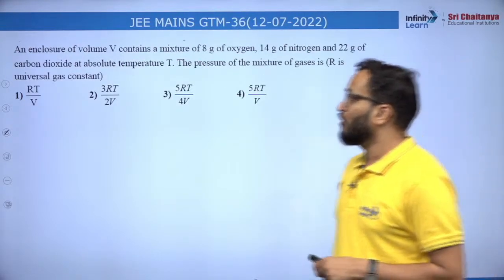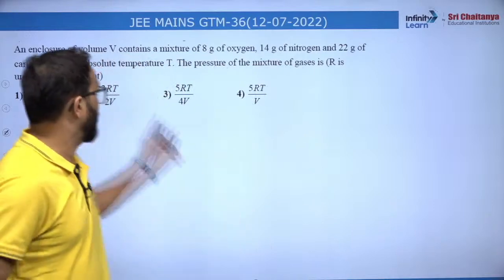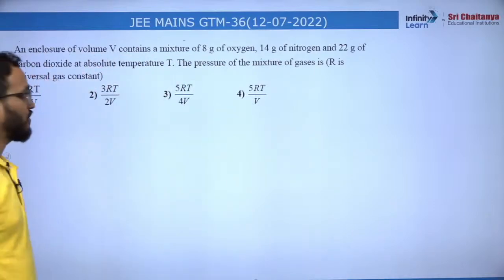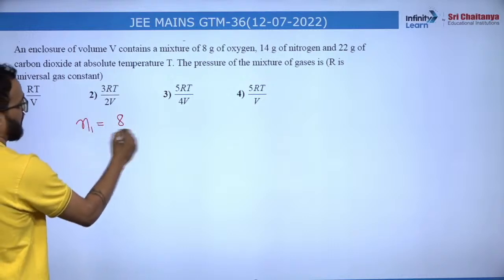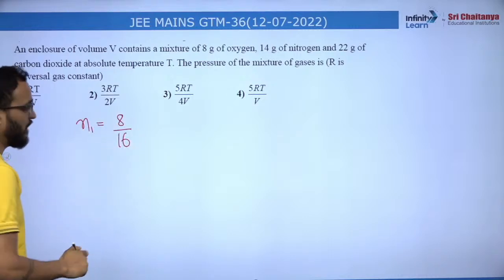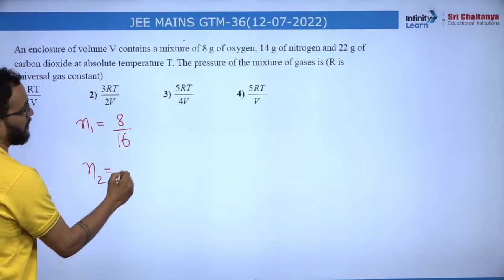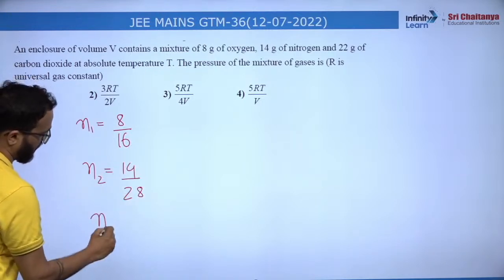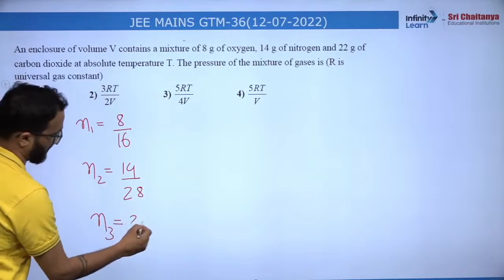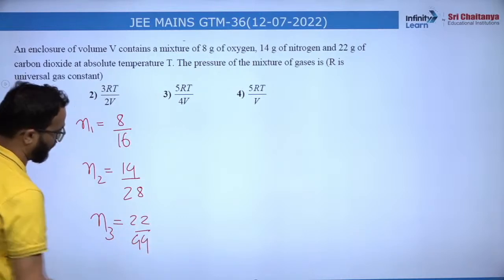An enclosed volume V contains a mixture of 8 grams of oxygen. First of all, what is N1? 8 by 32 (oxygen is 32, I'm so sorry), N2 is 14 by nitrogen 28, N3 is 22 by 44.